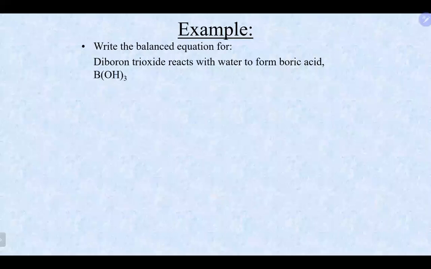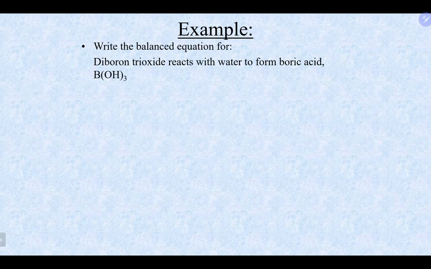As we should know, diboron would be a type 3 compound, which would be B2. Trioxide means 3, O3, plus some water here is going to form BOH3. So once again, we want to make sure that we do get the right formulas down here.